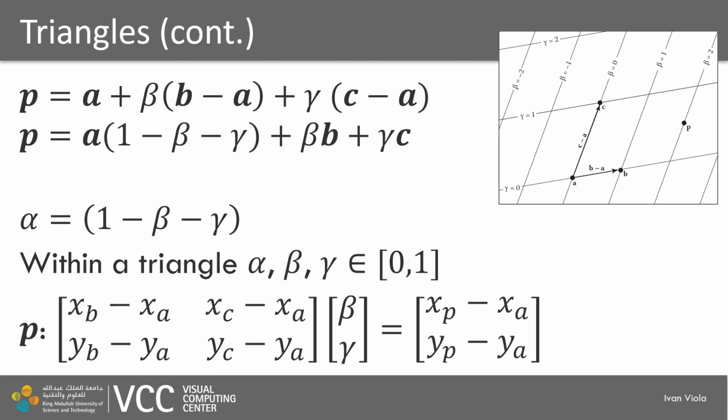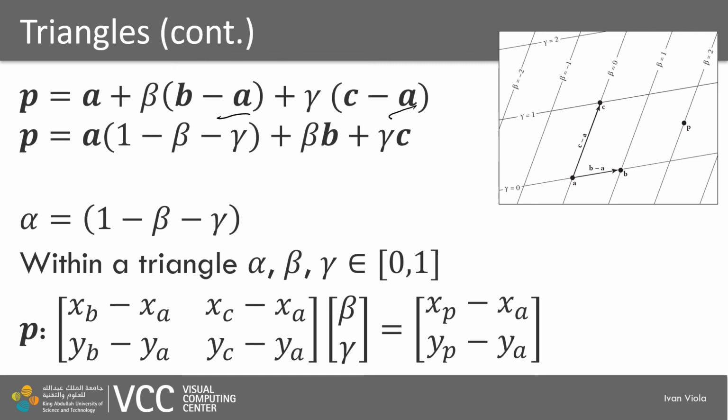Also, we can redefine this a little bit differently. You can see that in the definition of the AB and AC vectors, the point A is appearing.